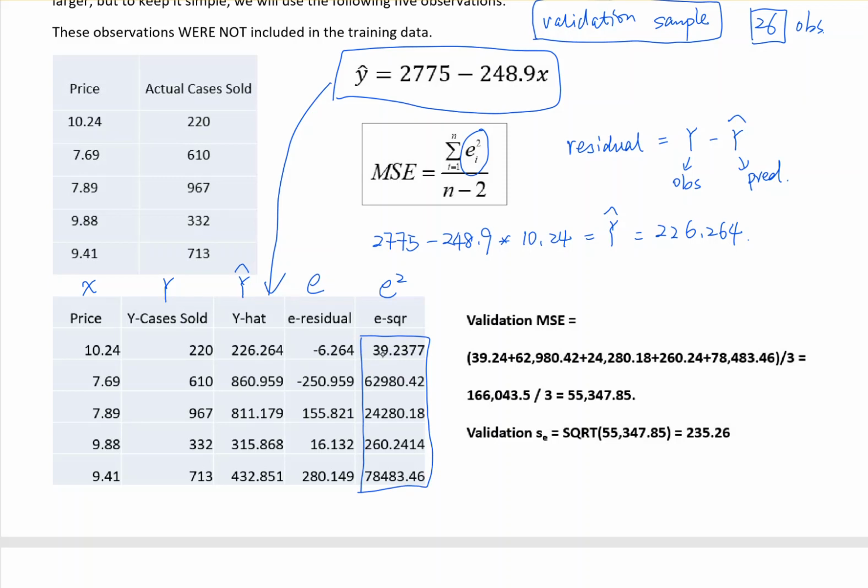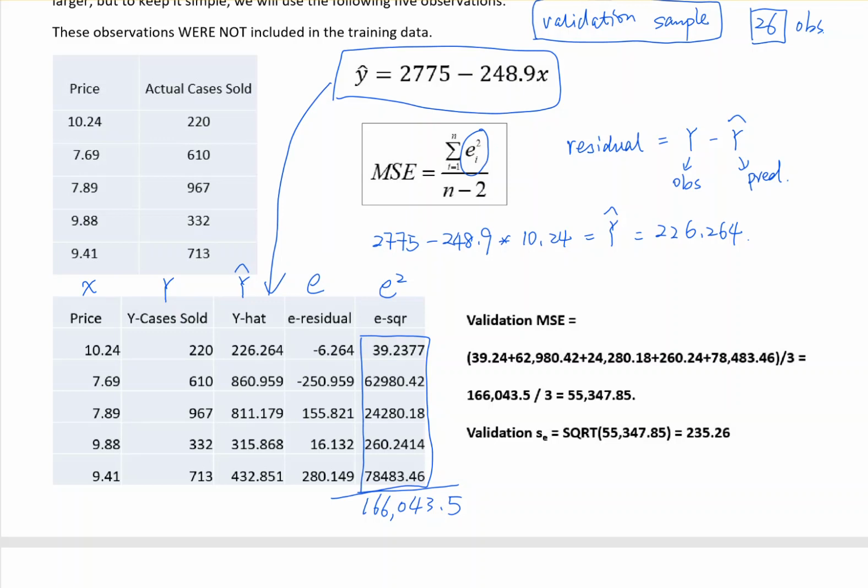So it will be 39.24 plus the next one, plus this one, plus this one. That means I will get the sum, which is 166,043.5.